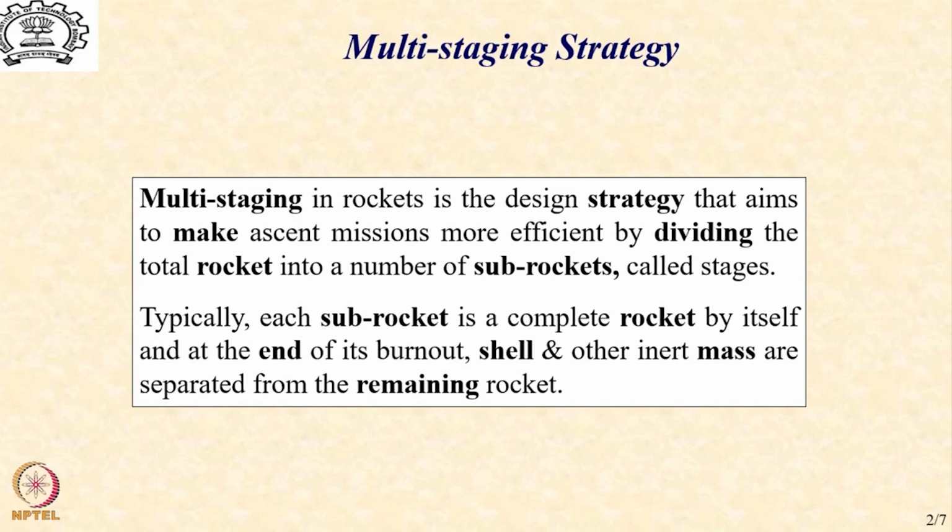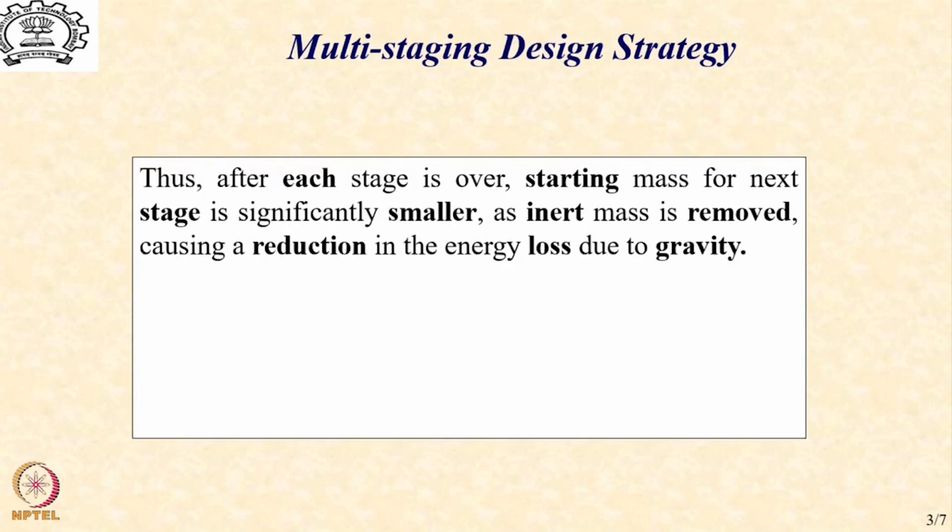This is the fundamental idea of staging, that you divide the total rocket into smaller segments, and each segment, after it finishes the operation, is removed from the main body of the rocket, and we immediately realize that this would reduce the overall mass of the rocket, which will be required for operating the next stage.